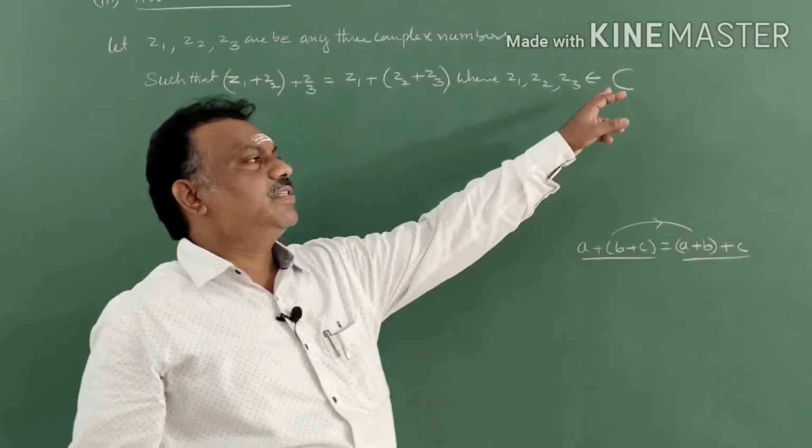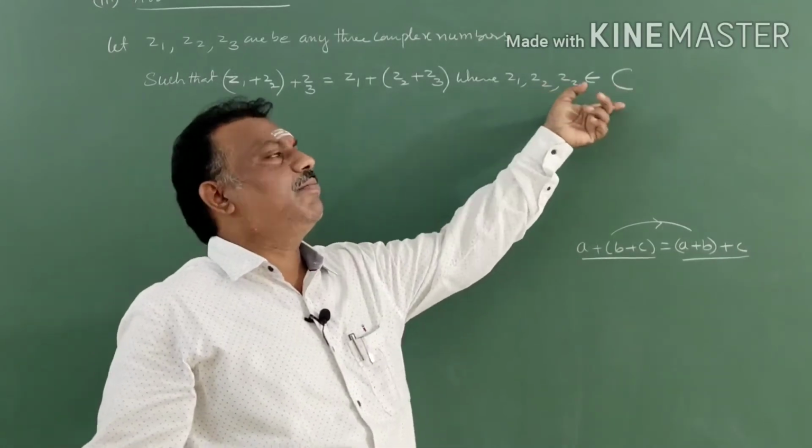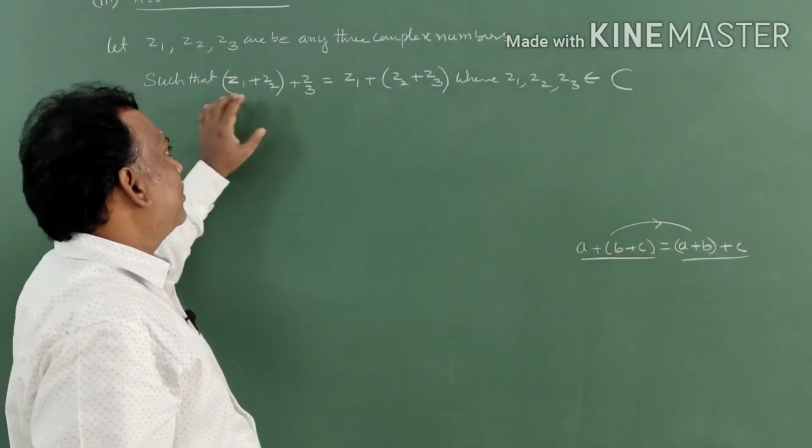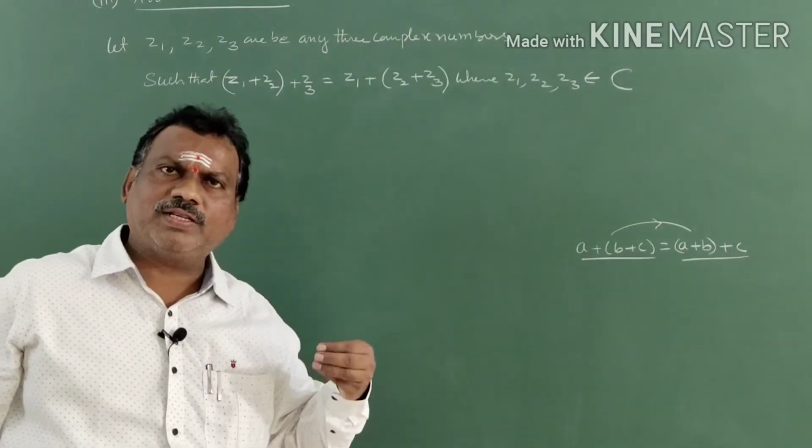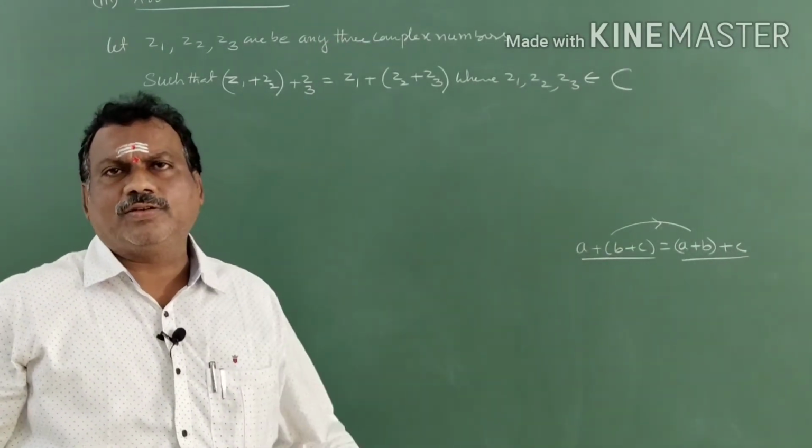Here C represents complex numbers. These three belong to the complex numbers. They must obey this rule also. So generally complex numbers also satisfy the associative law.